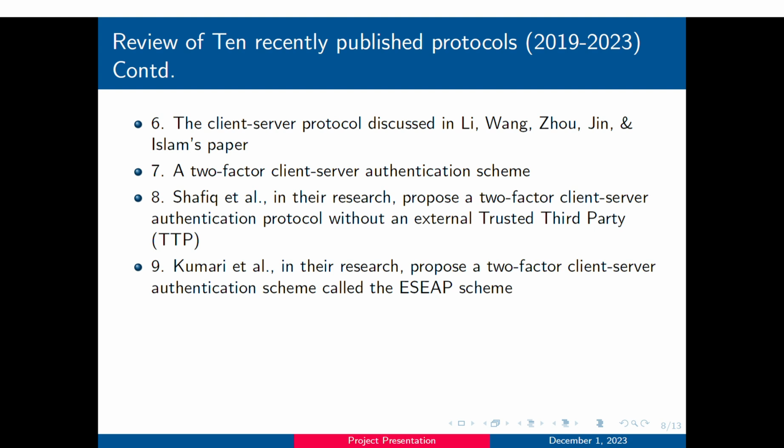In the ninth paper, they also proposed a two-factor client-server authentication scheme called the ESEAP scheme. However, when considering an external trusted third party, the scheme fails to satisfy security in the presence of a semi-trusted TTP.